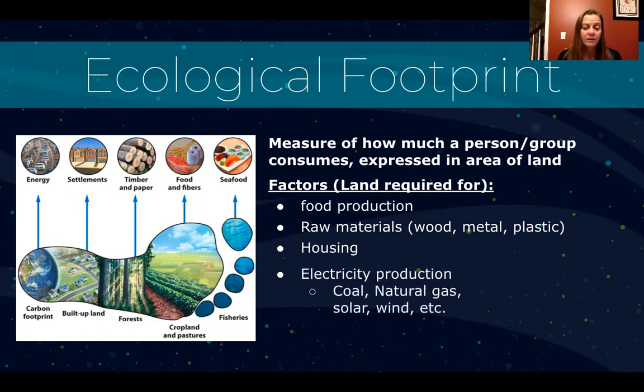And then the fourth consideration is electricity production. And that takes into account the amount of land to harvest the material that is used to produce our electricity, but it also takes into consideration the amount of land that's needed to absorb the carbon dioxide that is produced by that electricity production.